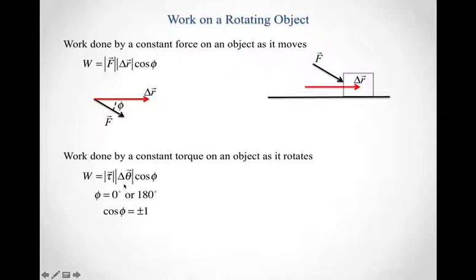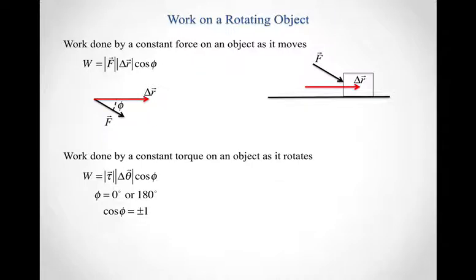So you can calculate the work done by a constant torque on an object as it rotates by taking the magnitude of the torque times the magnitude of the angular displacement times the cosine of the angle between them. What we're going to do with this class is focus on torques and angular displacements that always lie along the axis of rotation.